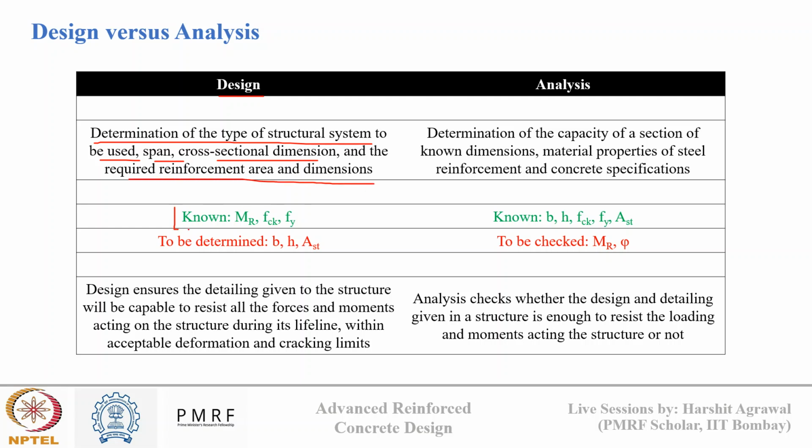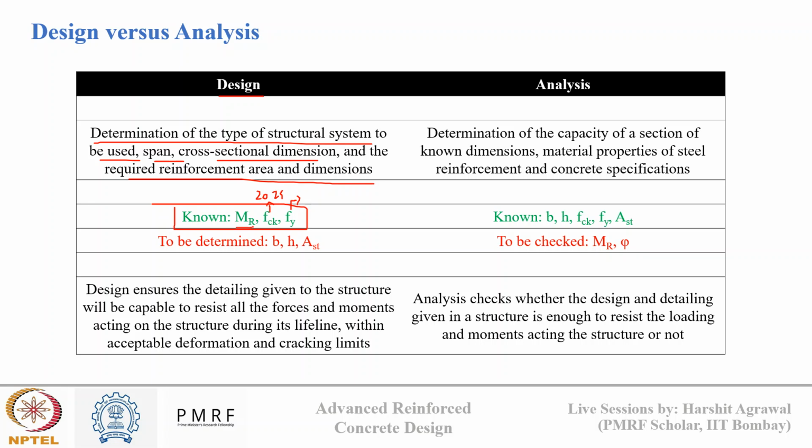So, during design, we know the grade of our material, whatever grade of concrete I'm using, M20, M25, M40, I may have that knowledge. I may have the knowledge about the steel quality also, whether it is Fe415, Fe550, Fe500, whatever grade of steel I have in my inventory.